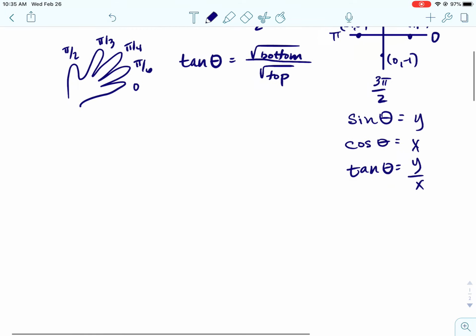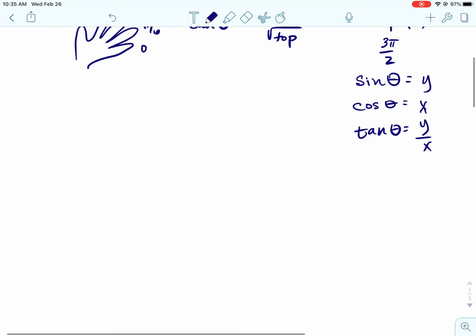All right, and then I'm going to draw some axes where we are going to write down the reference angle information.